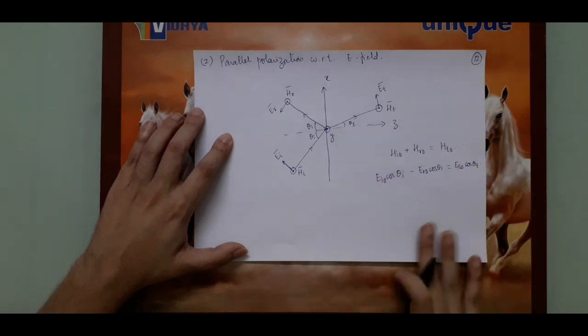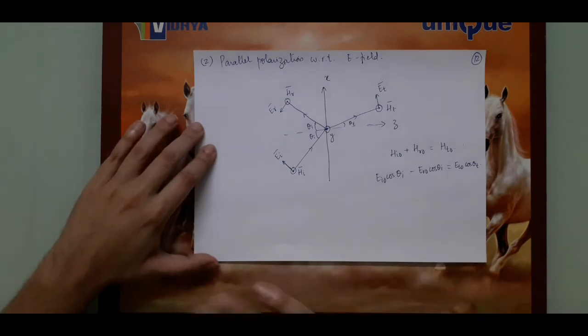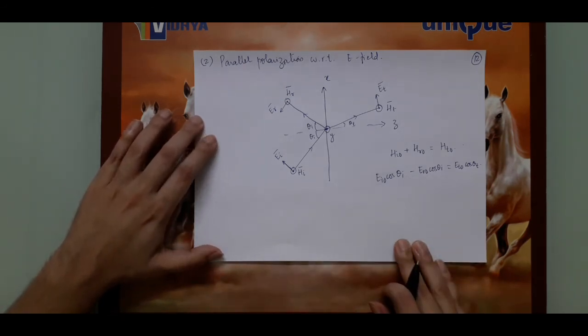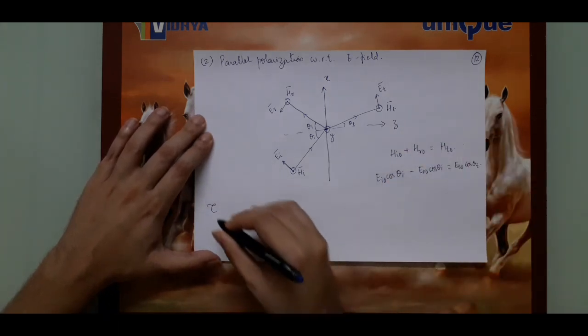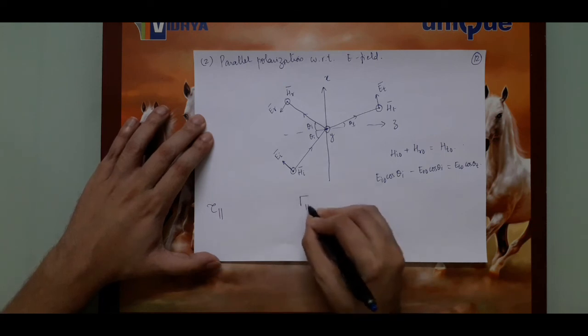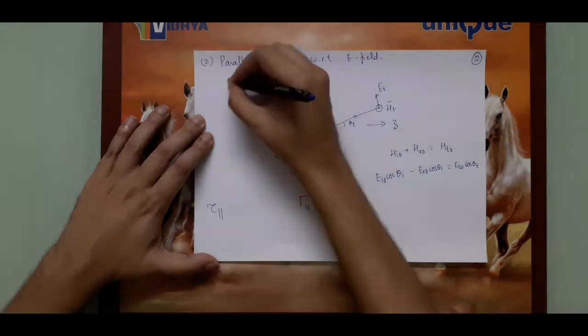I am not getting into the proofs of this. You can do it as an exercise similar to the way we did for the perpendicular polarization. So you can do this out by yourself. Again from here, if we define the transmission coefficient in the parallel case and the reflection coefficient in the parallel case, this is not 1, this is parallel.